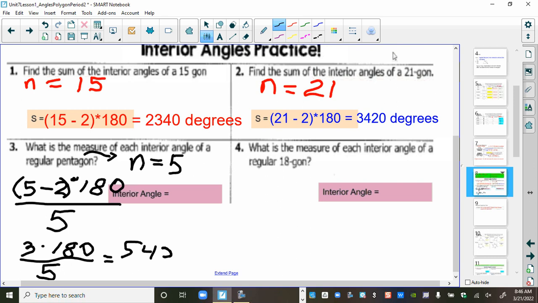And then we divide by what number? 5. So 540 divided by 5 is 108. Very good. Let me rewrite that. So it's 108 degrees.